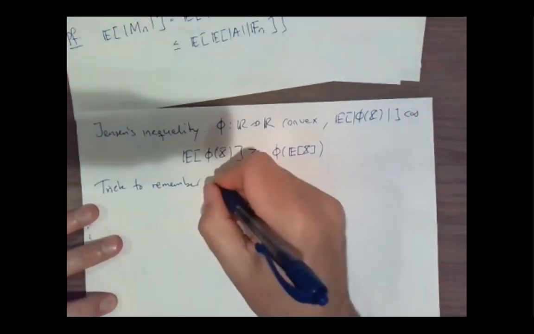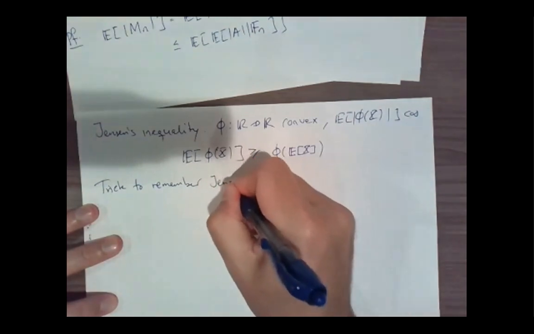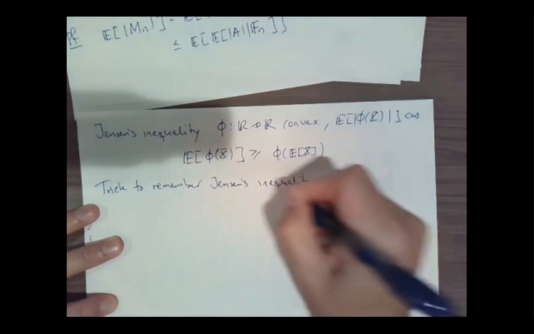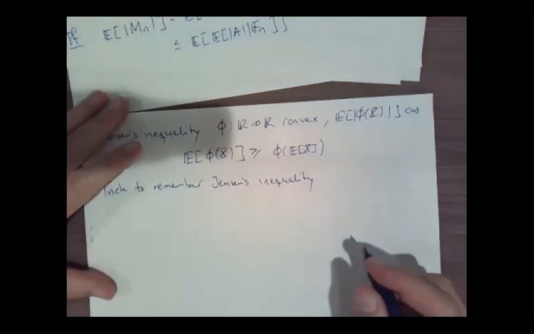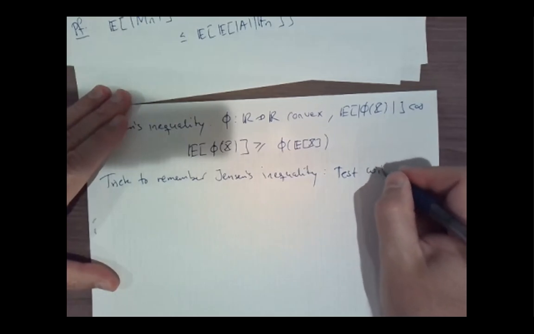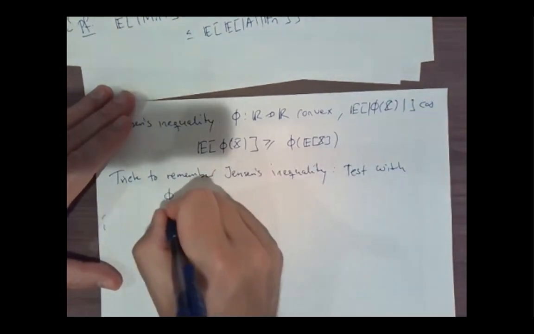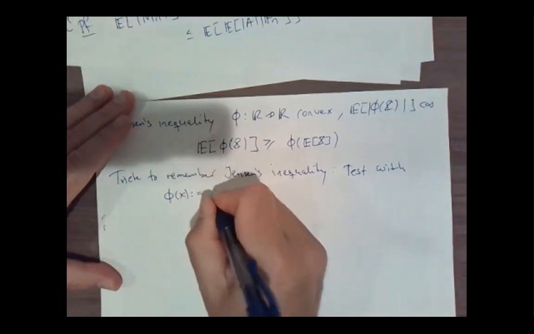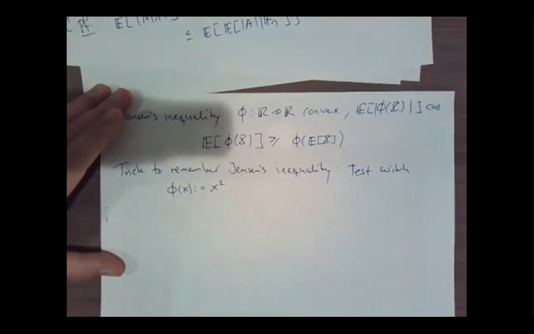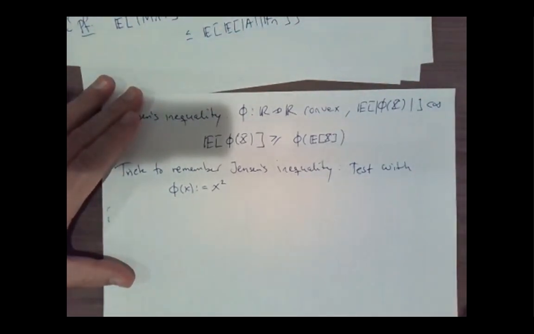So the trick to remember Jensen is you're going to do a test. You're going to test with phi of x being the square function. This here is convex, this is the square.